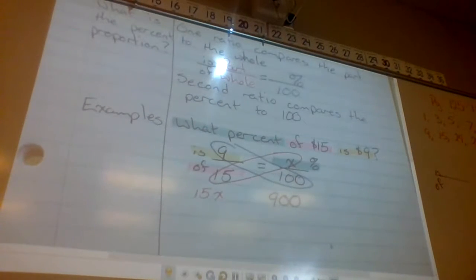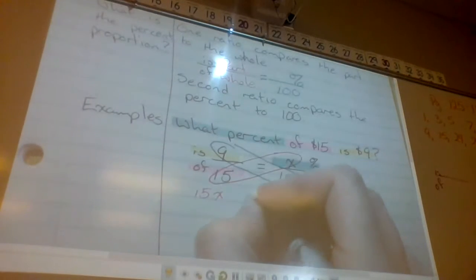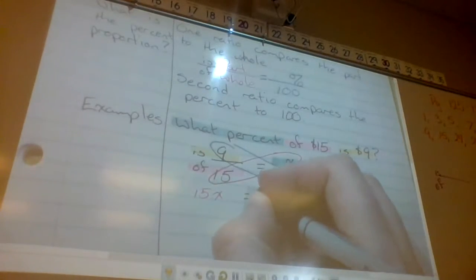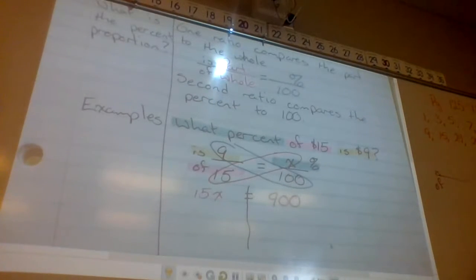What goes in the middle of these? Equals. Keep that equal sign here. How do we solve this equation? Draw your river. Then what? Divide. Why divide by 15? It's the opposite of what? Multiplication.